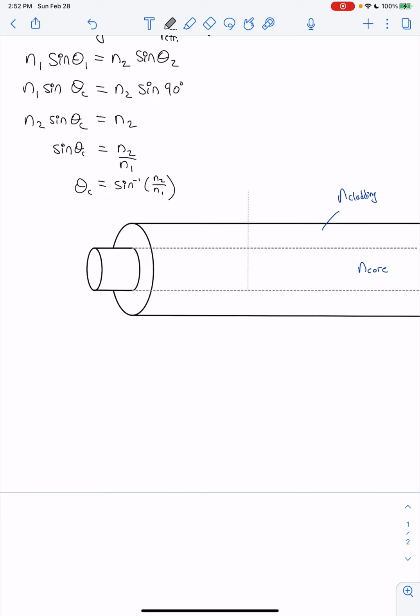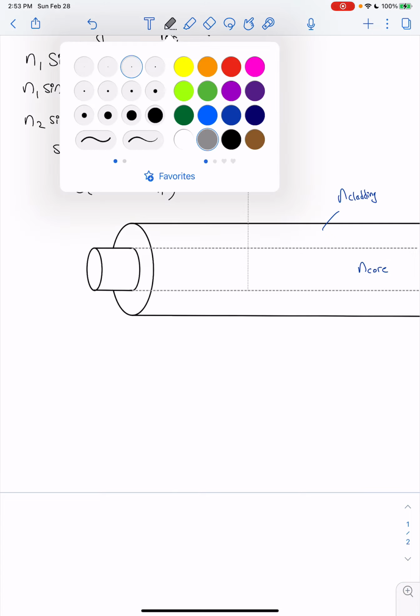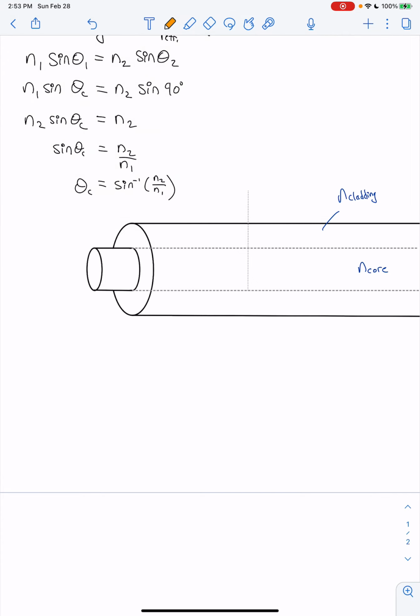That looks pretty good. And then we're going to have a light ray coming in, and we want to know what the critical angle is so that this stays inside the core. This is what we absolutely must have for a fiber optic cable to work.